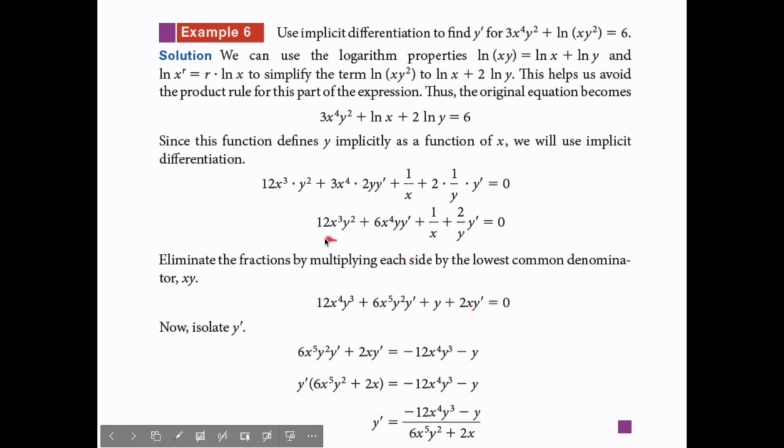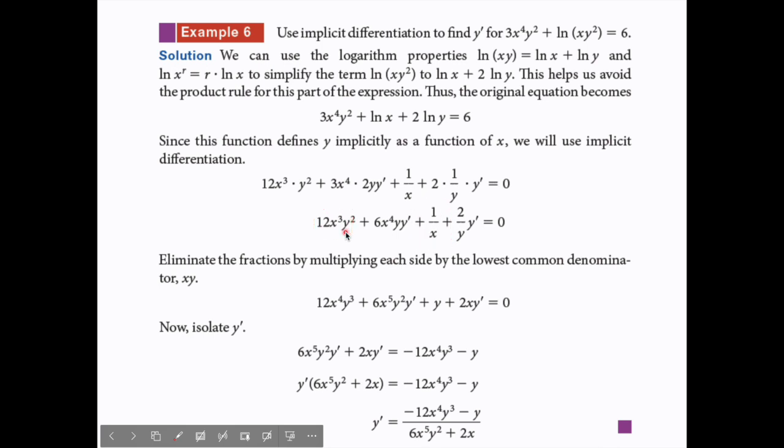So now that we have this all cleaned up, our last step is to solve for y prime. So anything that has a y prime in it, so that would be this term here and this term here, should stay separate from the terms that don't have the y prime in it. So we're going to separate.